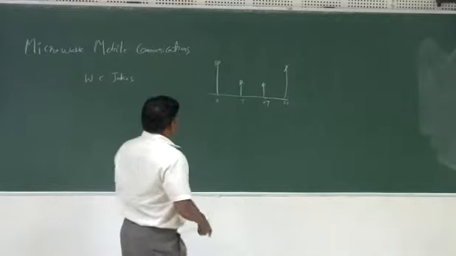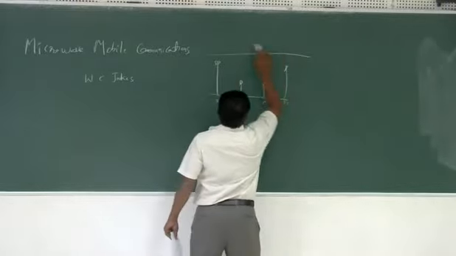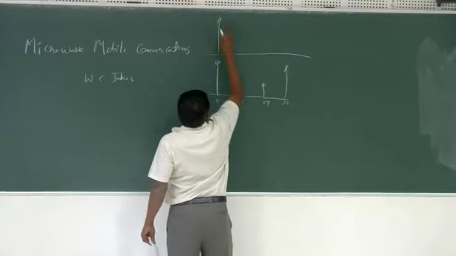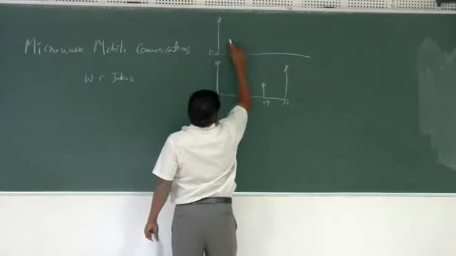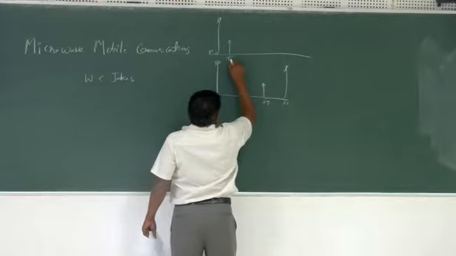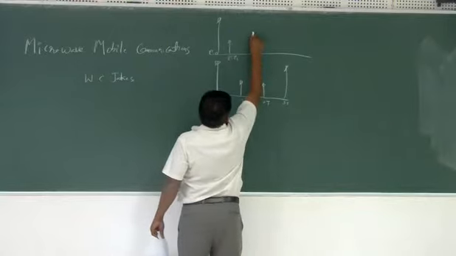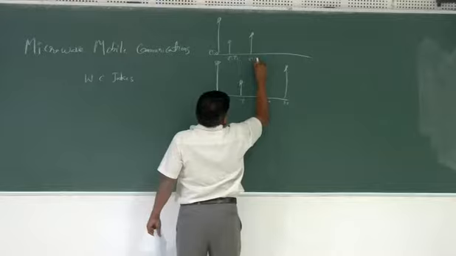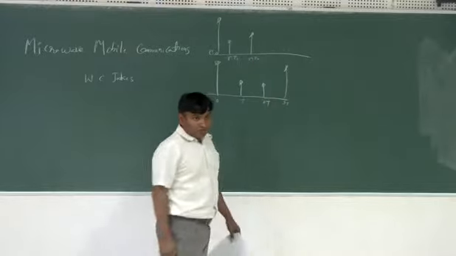What we need to model is the original analog channel that comes at tau equal to 0, tau 1, and so on, so forth.